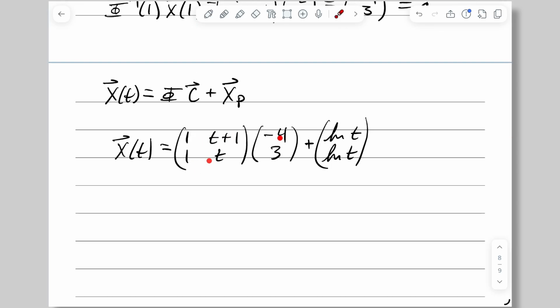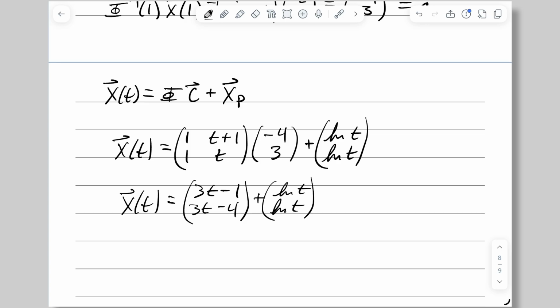Multiplying phi of t times c gives us that x of t is equal to the column vector 3t minus 1, 3t minus 4, plus natural log of t, natural log of t. And as you can see, this one cleaned up pretty nicely despite the hideous formula that we saw.